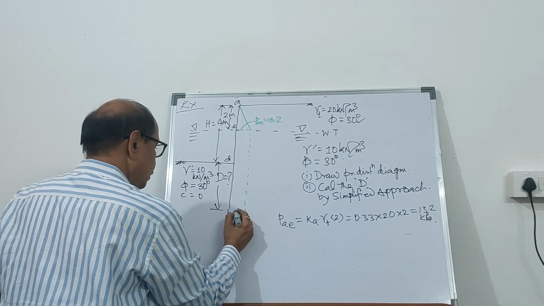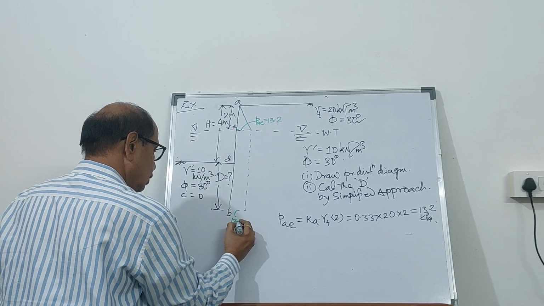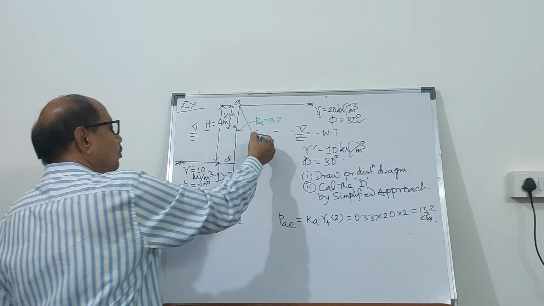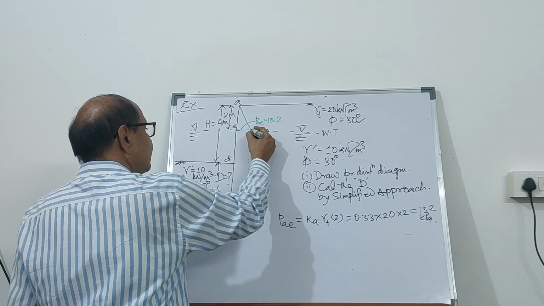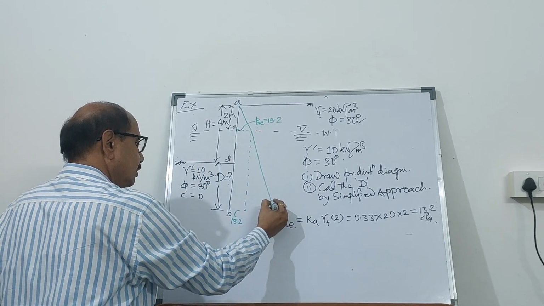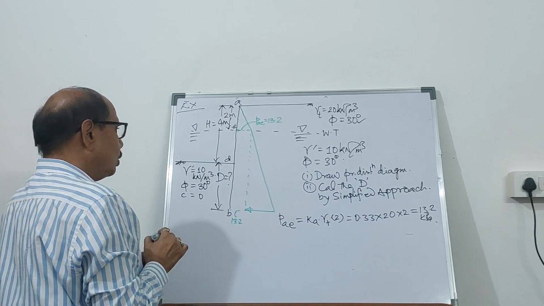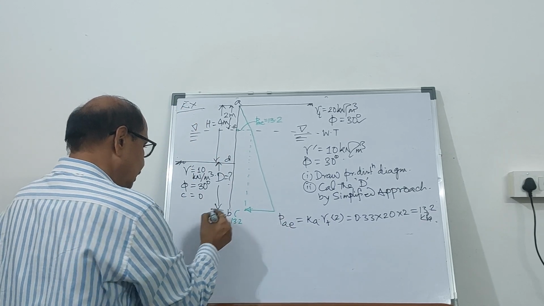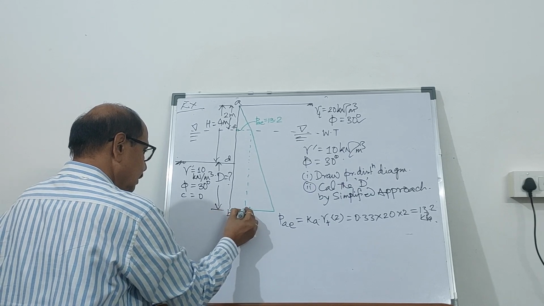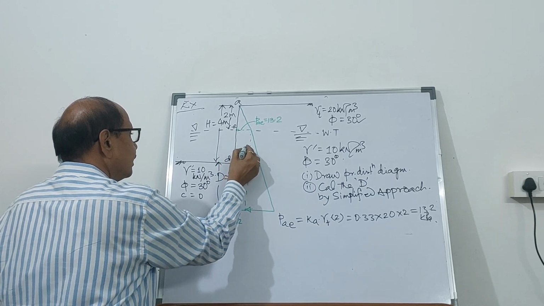Right. So this becomes. Now, below this, the water table, the active earth pressure can be computed.